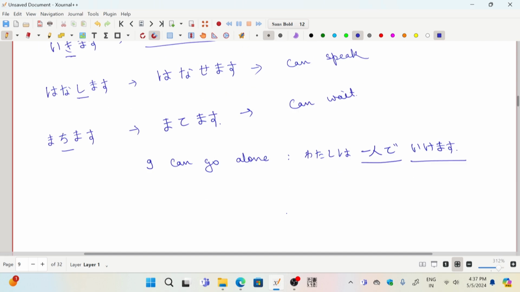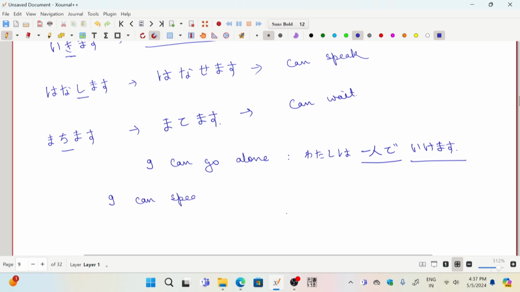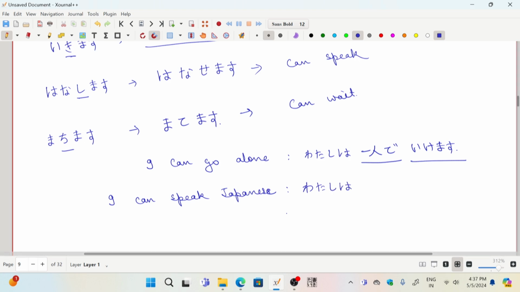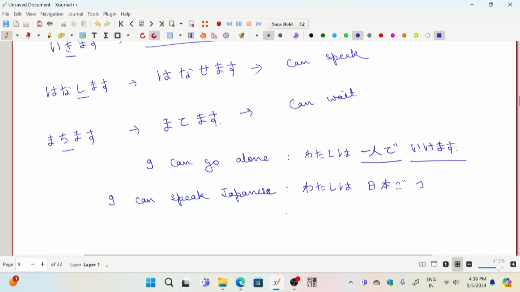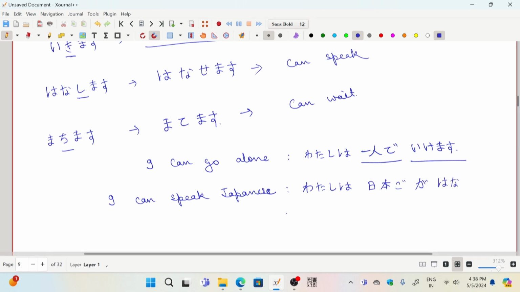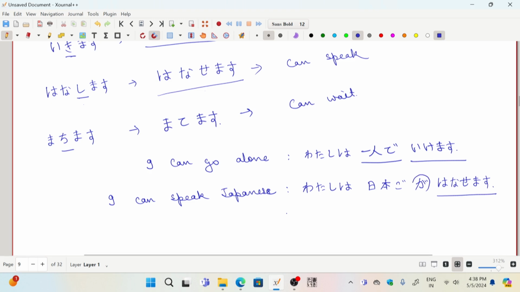Now if you want to say I can speak Japanese: watashi wa nihongo ga hanasemasu. Hanashimasu will change into hanasemasu and the particle ga will come.